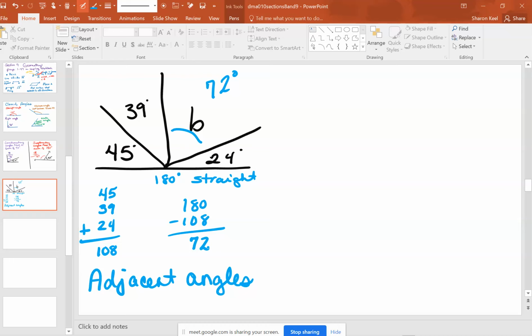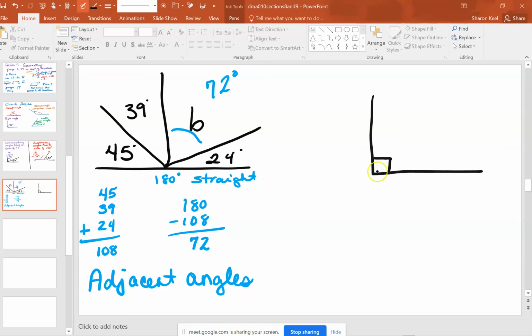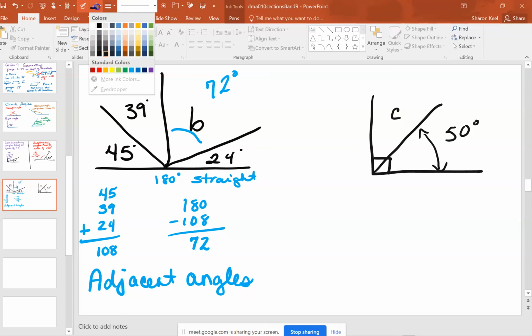Let me give you another example. Let's say we have a right angle, and I know it's a right angle because it's labeled with that little square in the corner. If I draw a line through here, and let's say this distance from here to here is 50 degrees, how can I calculate the measurement for angle C?